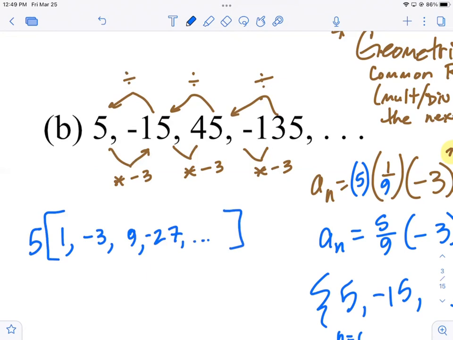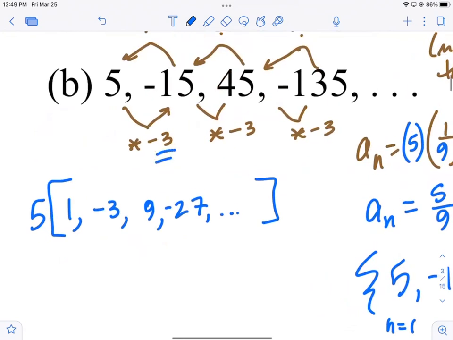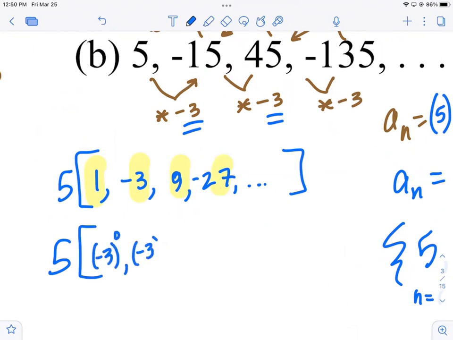Now that's going to be a little bit easier because I already know it's times -3 each time. Let's see if we can write these residuals as powers of that common ratio. One is -3 to the 0, which is kind of what Braden was saying. The next one is -3 to the first. 9 is -3 squared. 27 is -3 cubed.